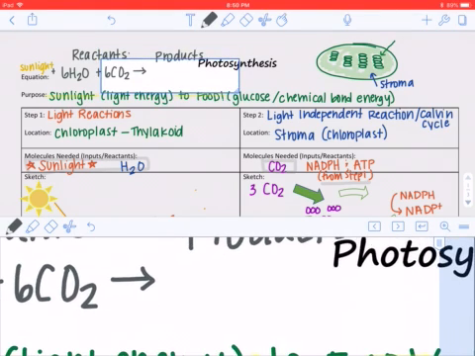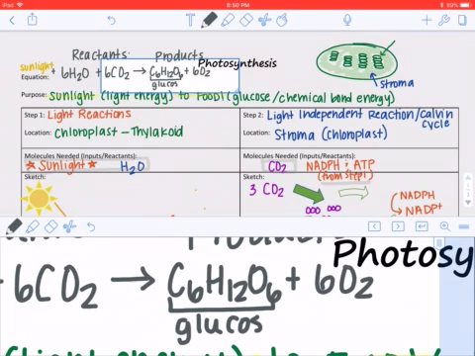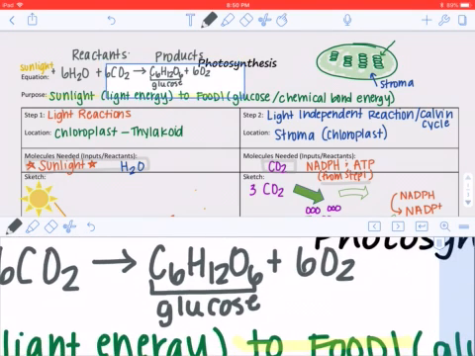The products that we come up with are the C6H12O6, and then we got those 6 oxygens, 6 O2, from step 1. Remember, this here is glucose, and that is the food that we have been talking about.